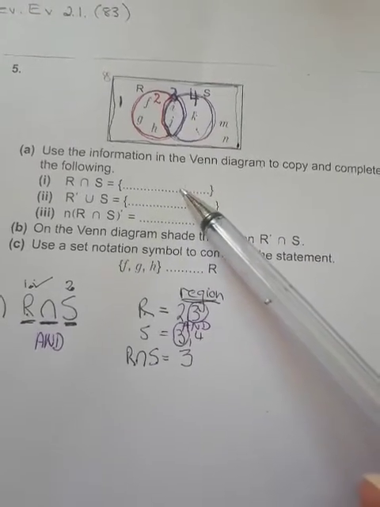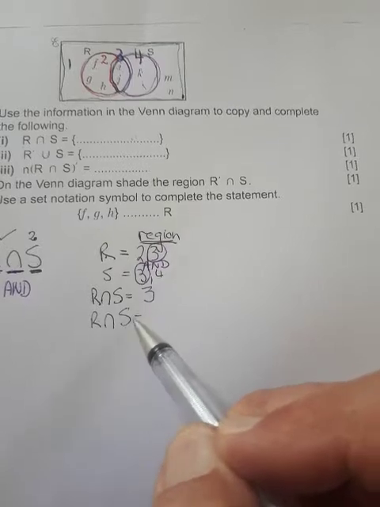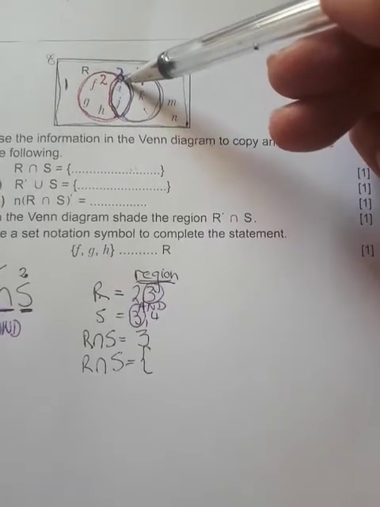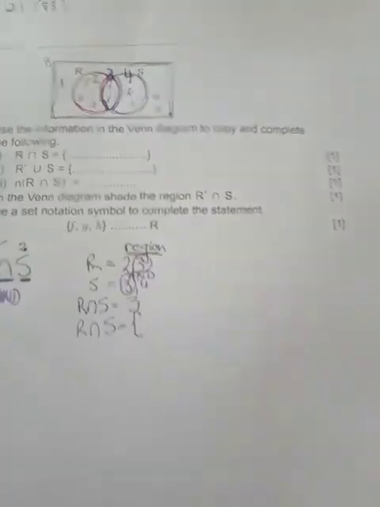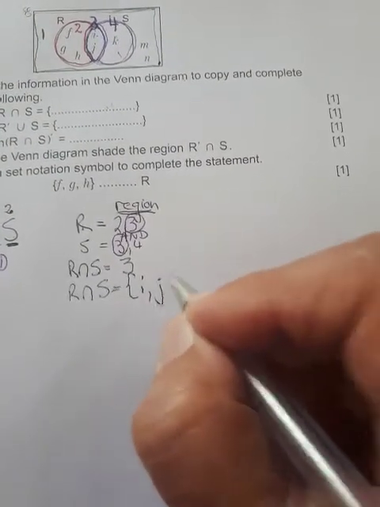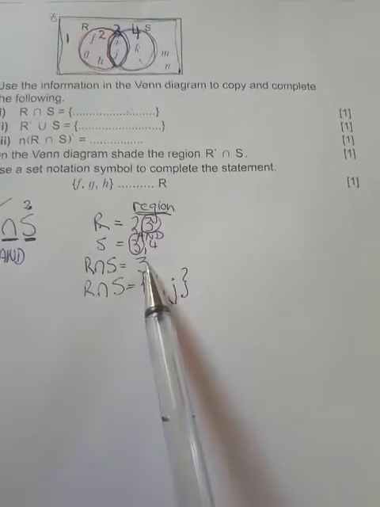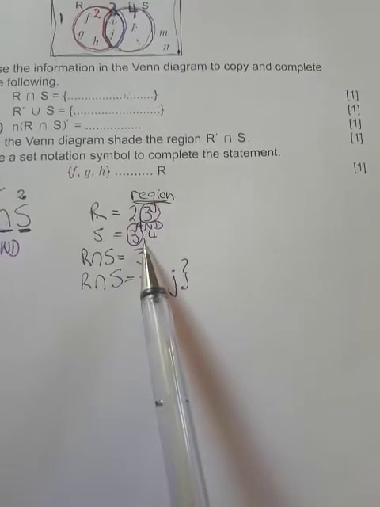Look there, there are the curly brackets. So R intersection S, which are the elements? Go to region 3. Region 3 is the blue part, and in region 3 we've got I and J. So your elements are I and J. The previous video took you only up to finding the region, and then we shaded that region.